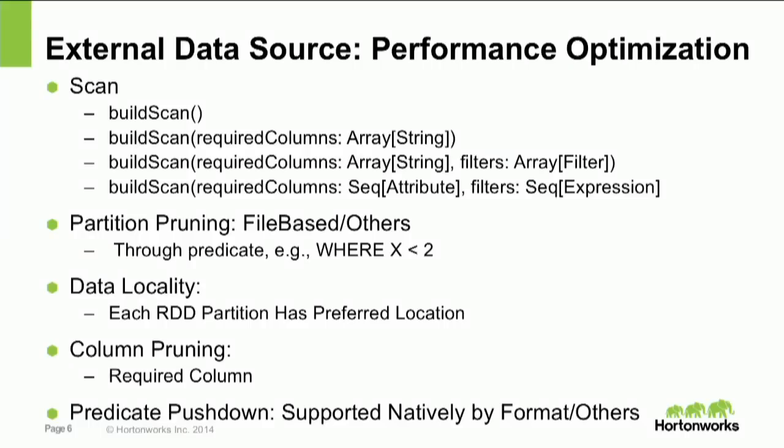This is partition pruning. But k=1 or k=2 is actually a filter, a predicate. So this filter has two usages. One is to skip some directories. The other is to push this predicate to the native format or Parquet. Then they skip those columns and save the disk I/O.